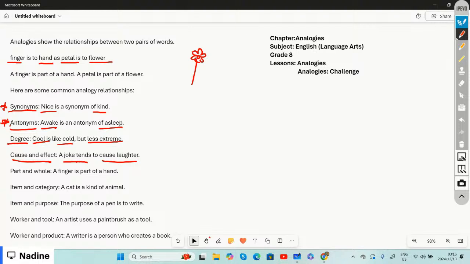All right. That is cause and effect. It is what something causes and the effects thereof.